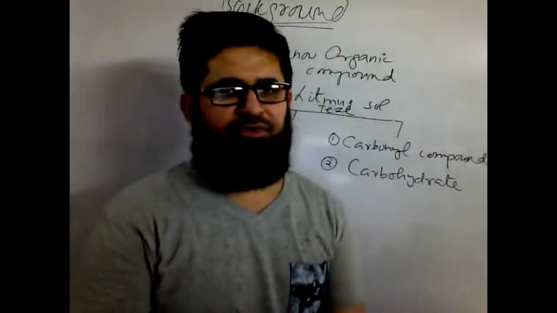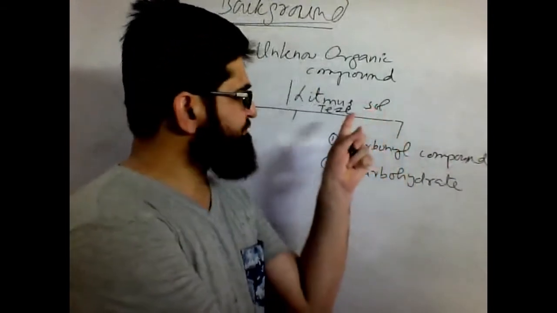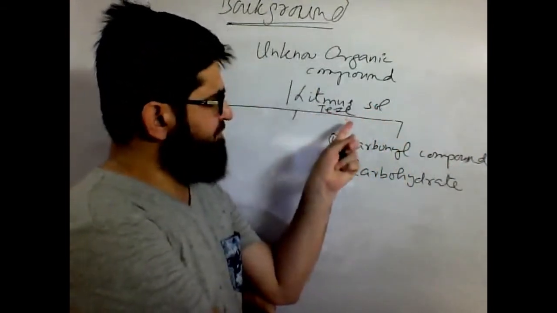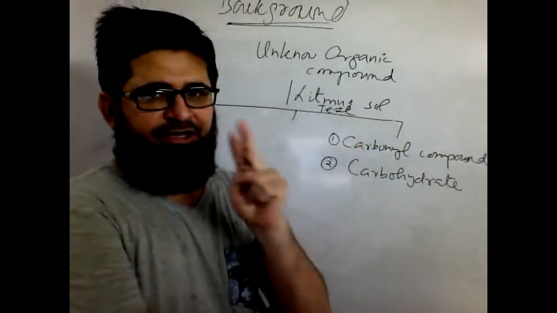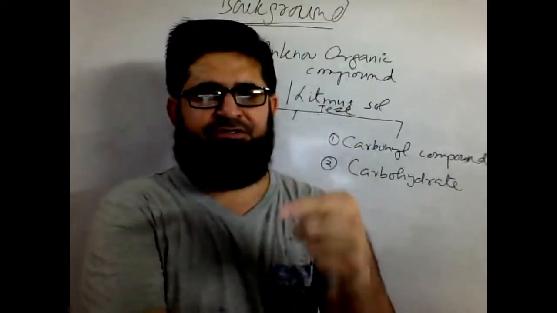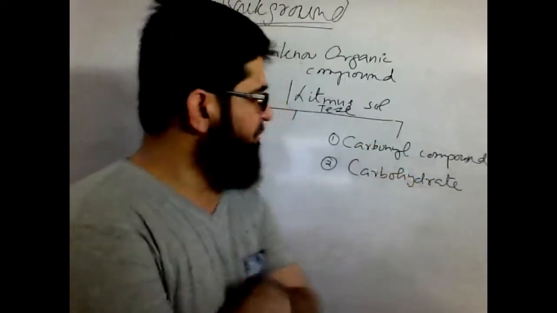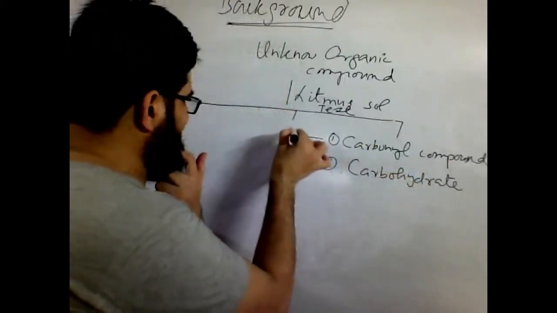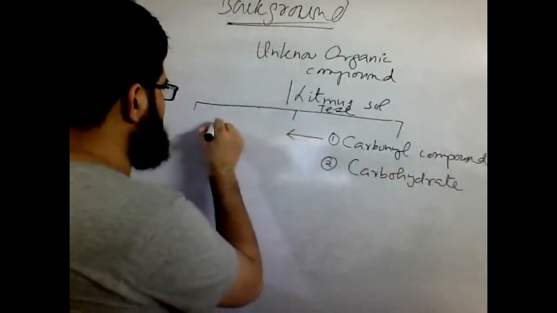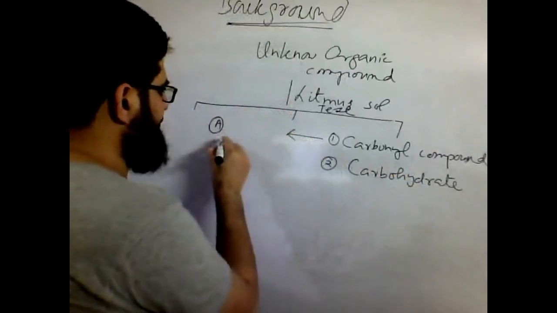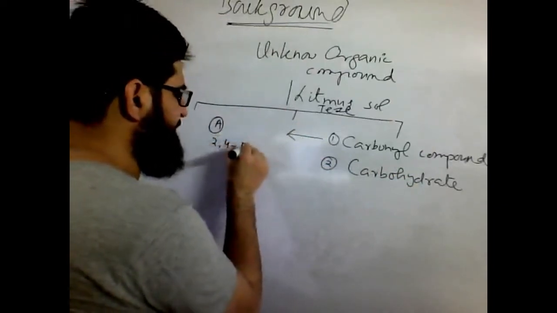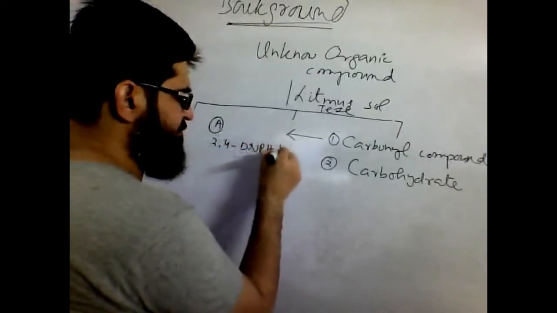So once your litmus solution confirms the given compound is a neutral entity, you will be left with two choices: carbonyl compound or carbohydrates. So how can we identify this one? We told you on that day, you can go for the 2,4-DNPH test.